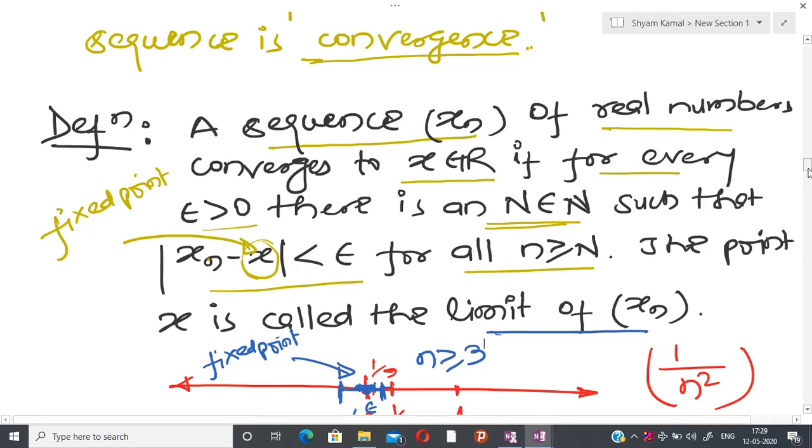We can take any arbitrary sequence in one dimensional space, because we are talking about the real line, and then we define some natural number N such that n greater than or equal to N satisfies this condition, and this point x is called the limit of xn. So in this way we are able to generate the limit of any sequence. This is the concept of limit in one dimensional space.